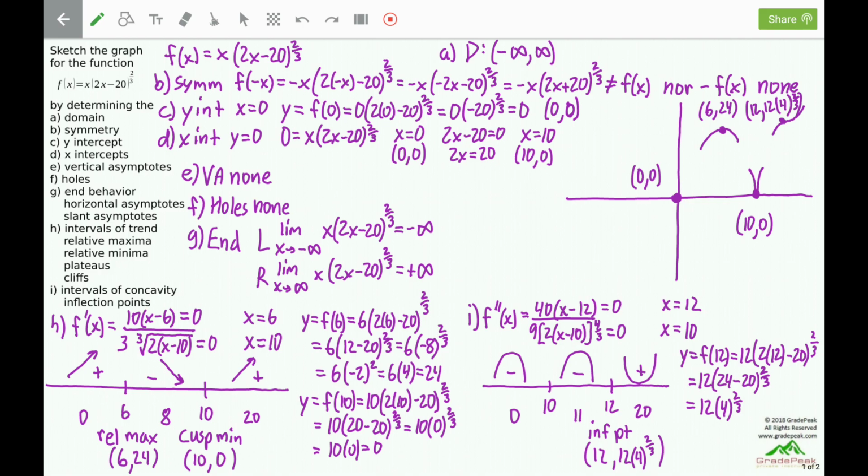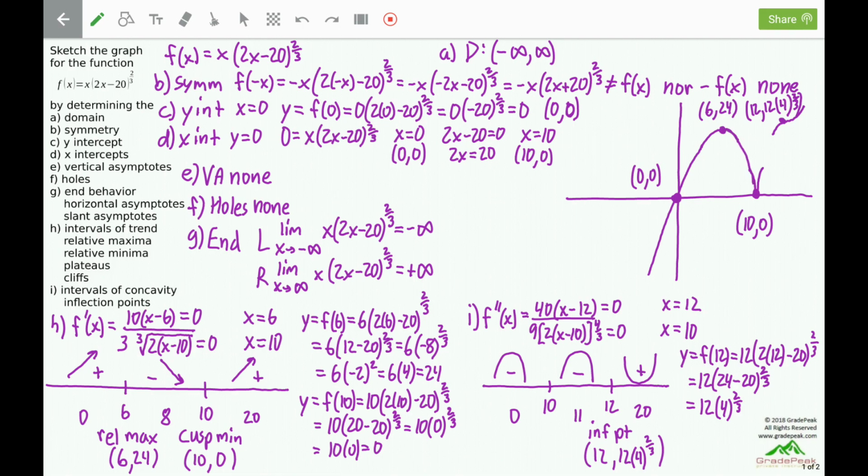And now we can connect the pieces together. It's going to be concave down and increasing for everything over here. So it's going to take a shape passing through here of concave down. So it's curving downward, but it's headed upward by increasing. It continues to be concave down, but now it's decreasing in here.